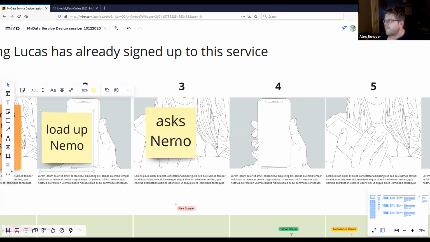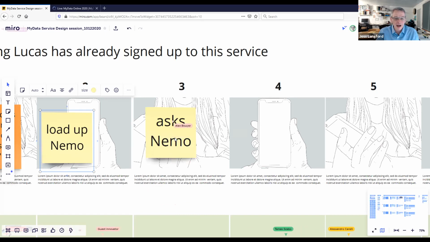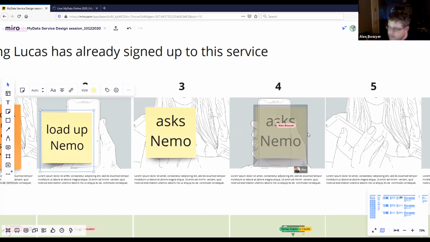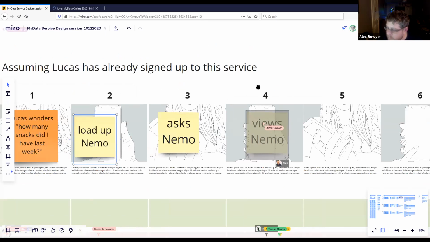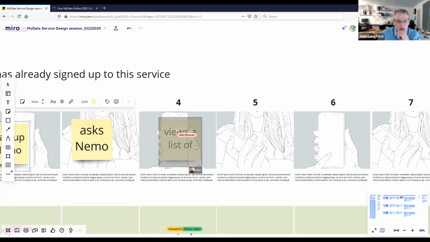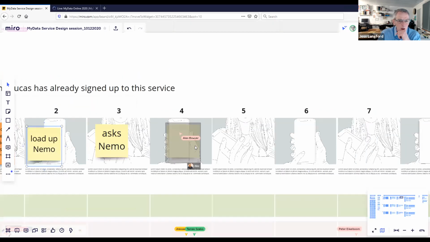Yeah. And then we can think about how Lucas asked Nemo that question, because we could think about some different ways of doing that, couldn't we? Yeah. So then it would be views. I would say that there's a stage in between that where Nemo does some work.